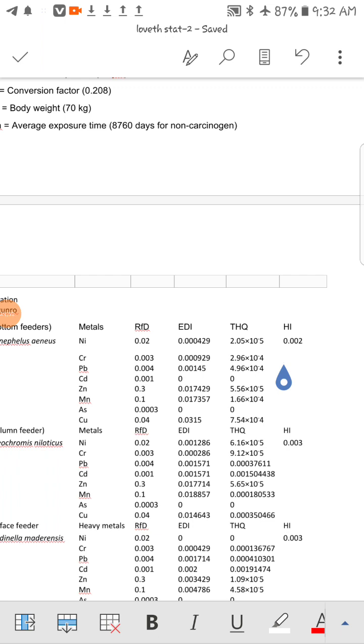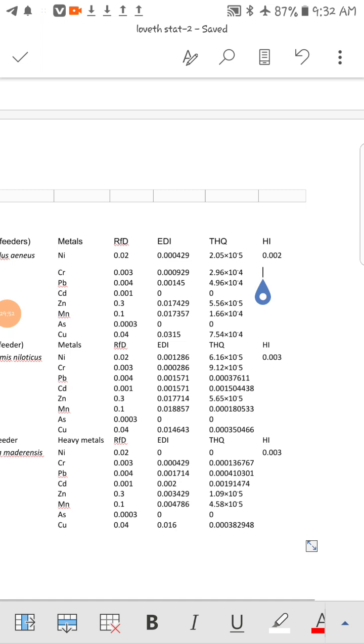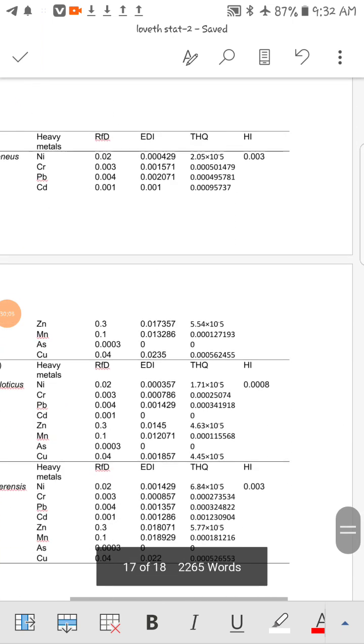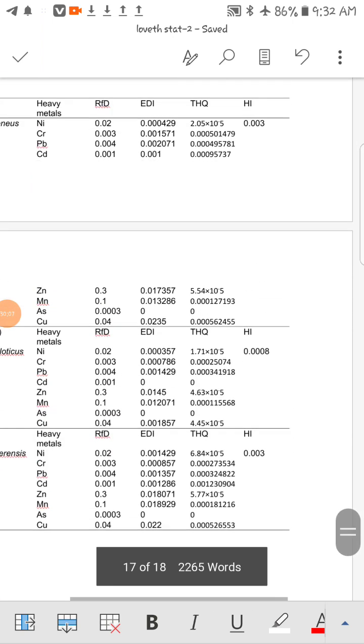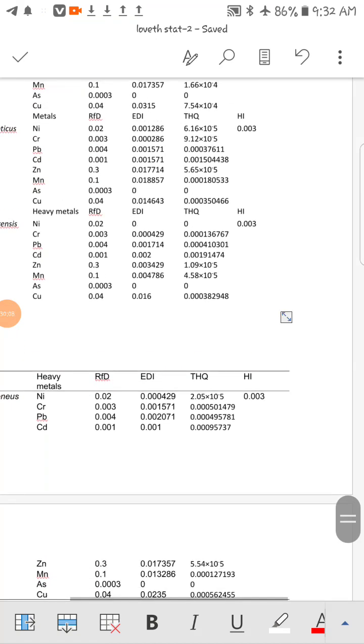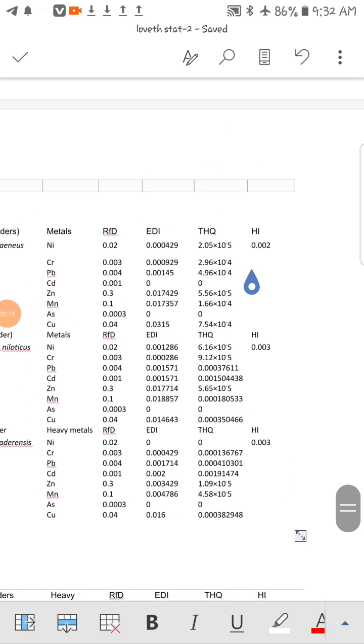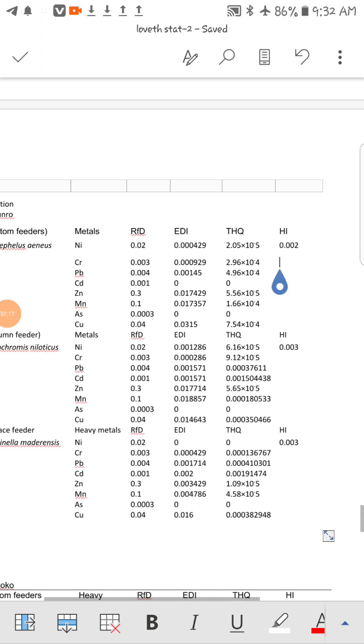0.02. So, if you look at them, if hazard quotient equals 1, that means there's risk. If it's less than 1, there is no risk. So basically you can just look at a glance and say that there is no risk at all for men feeding on those fish, both the bottom feeders.